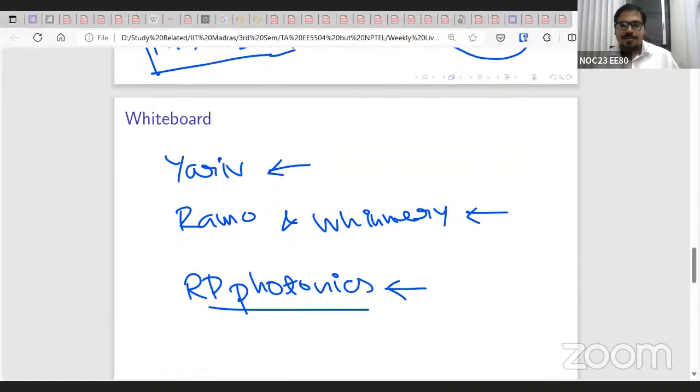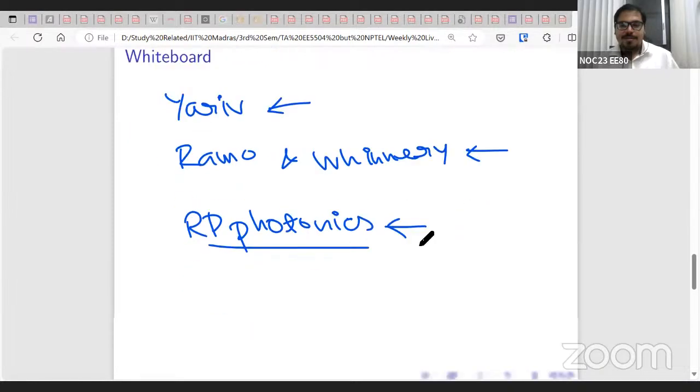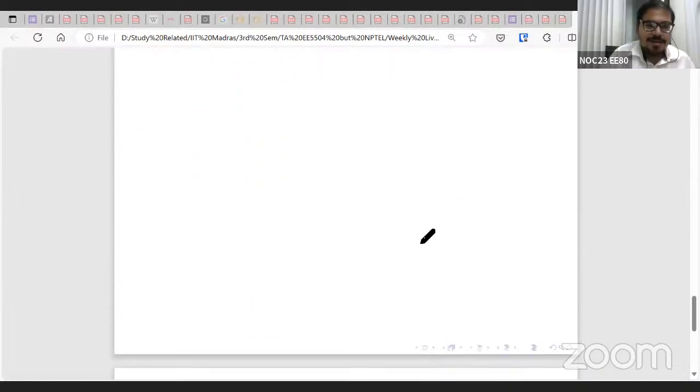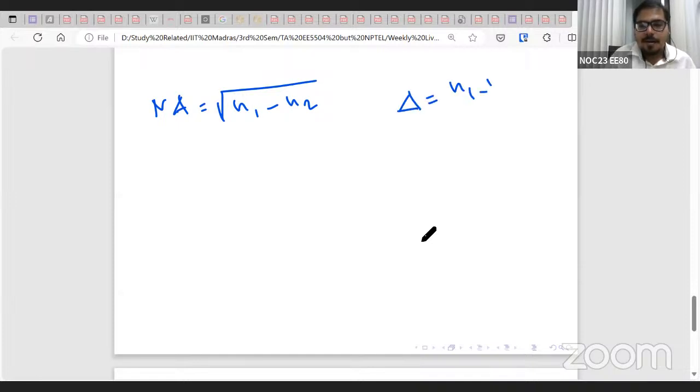By the way, that you can use. So numerical aperture is given as this value, no? Sometimes you will also have it in terms of delta. This will be given some small value.